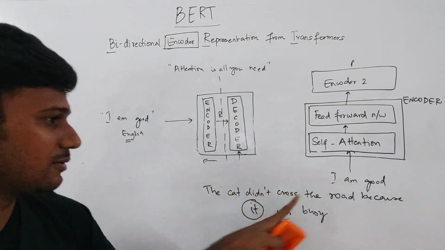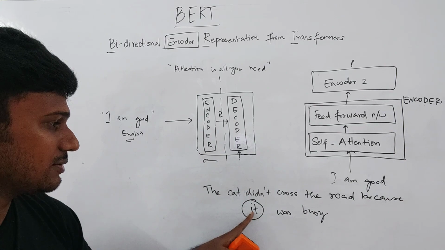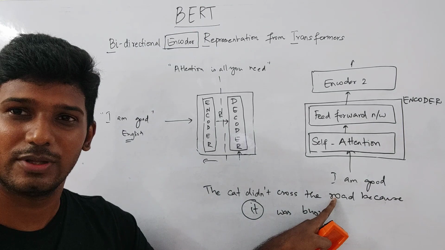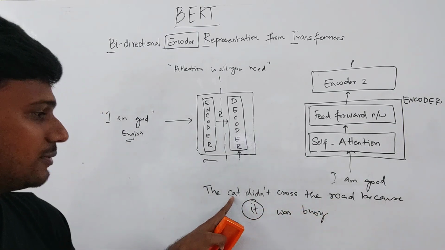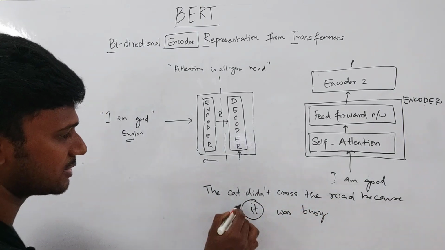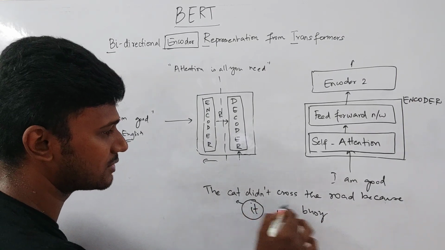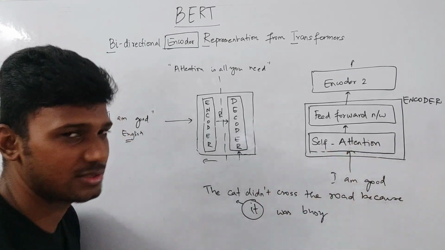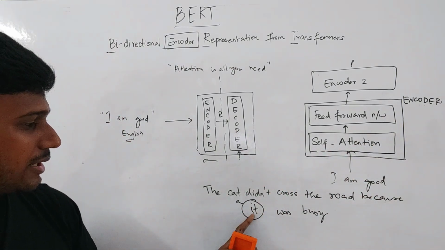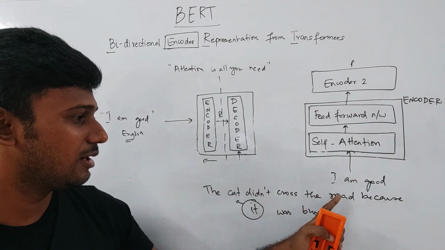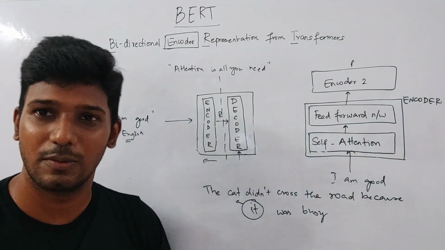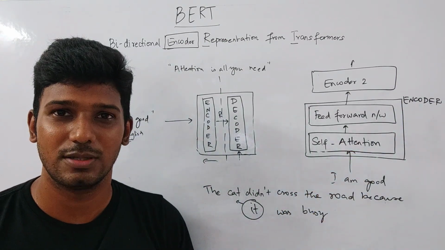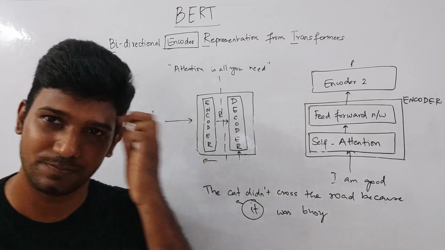Whether the road was busy or the cat was busy. This kind of relationship, how this it refers to every other word in the same sentence, is what is called self-attention, right? So here the it needs to carry some information about which word it refers to in the preceding sentence. This is how the self-attention mechanism tries to capture that information.